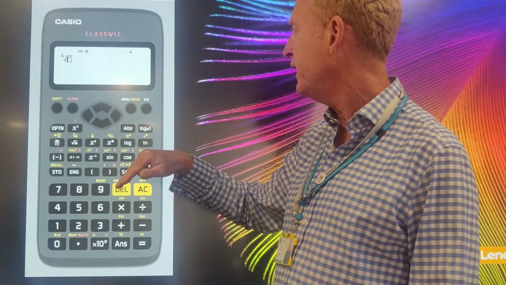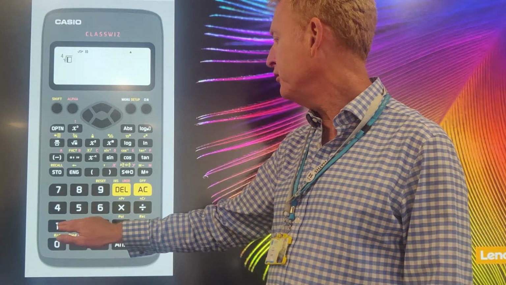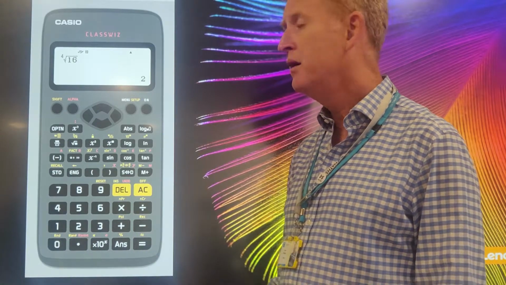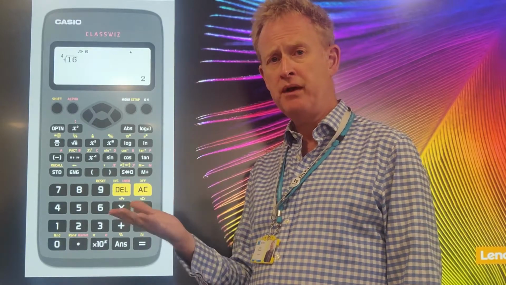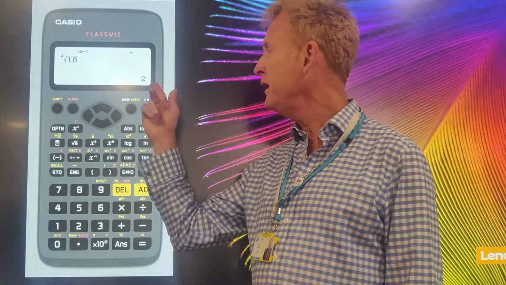If I press this over here, I can say, well, what's the 4th root of 16 and press equals, that's going to be 2, because if you multiply 2 by itself 4 times, you'll get 16. So the 4th root of 16 would be 2. So hopefully that makes sense.